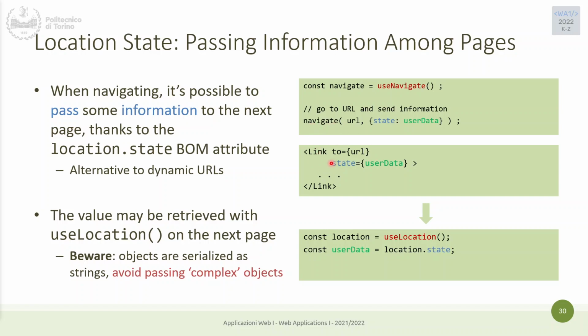You can do that through the Link, because it has an additional parameter besides to, I mean together with to, which is state. And then when you are inside the component that is addressed by this, you can get this object using the useLocation hook, and then writing location.state, you can get this userData. So it is designed to be something similar to a state.